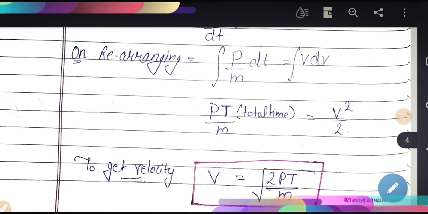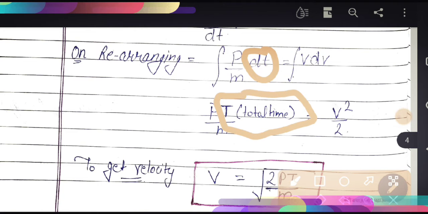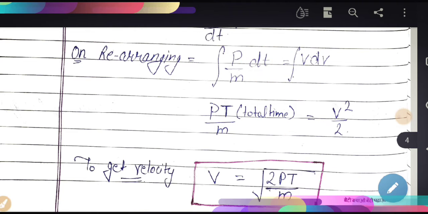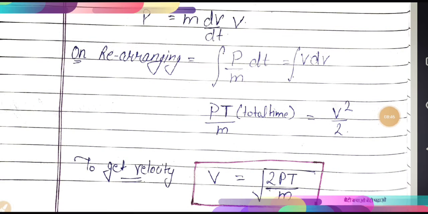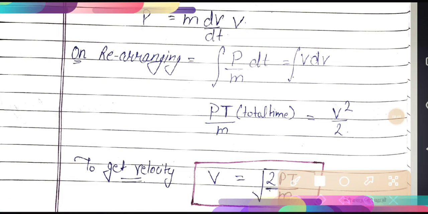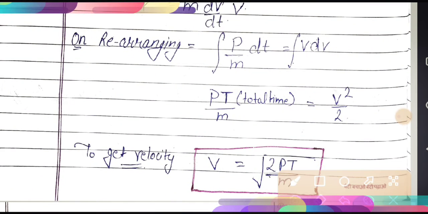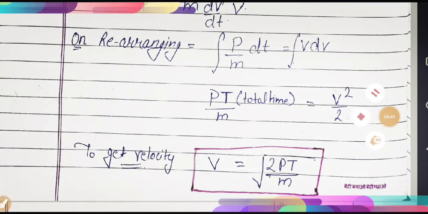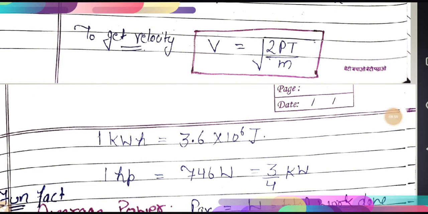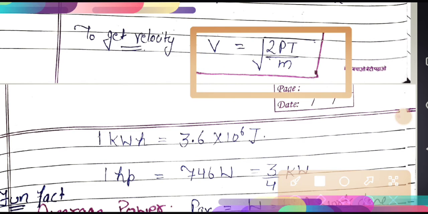While integrating we find that dt gets converted into the total time, and the integral of v dv becomes v square by 2. So guys, from here we can find the expression of the velocity if we are given power, total time and the mass of the body: v is equal to under root of 2Pt divided by m.